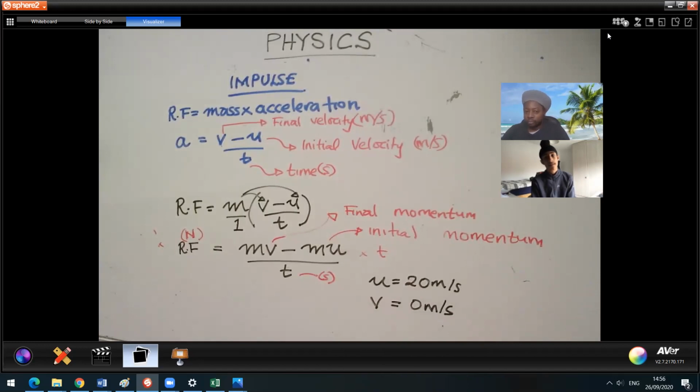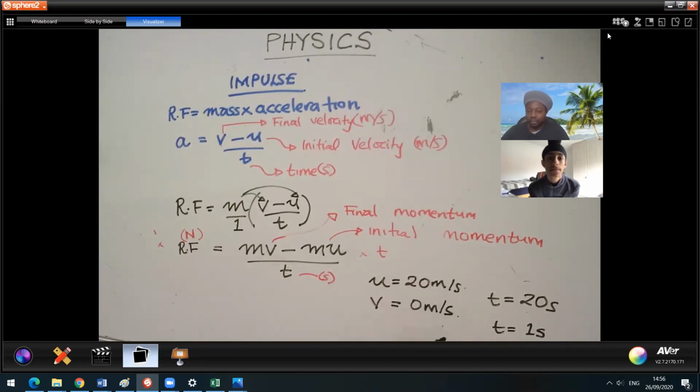Now I've got an option. I can either make it go from 20 to 0 in a space of 20 seconds, or I can make it go from 20 to 0 in a time of 1 second. Which of these will be the better way to stop it? So a cricket ball that is initially traveling at 20 meters per second, I'm eventually going to stop it and catch it because I'm fielding.